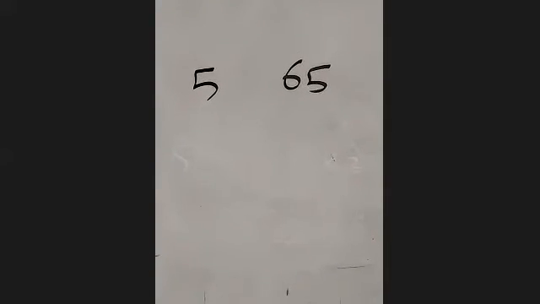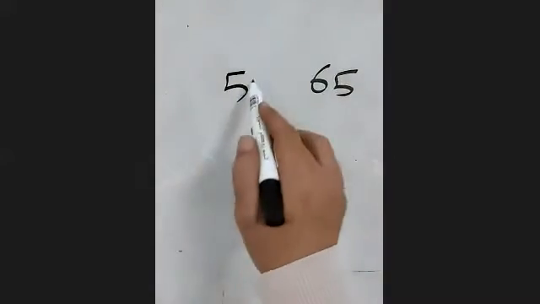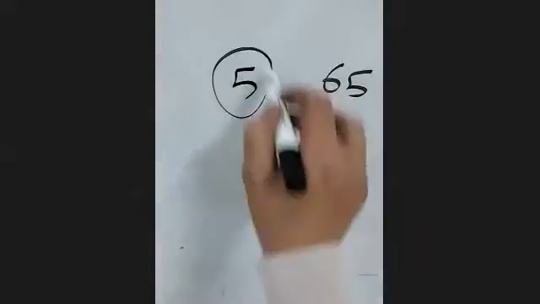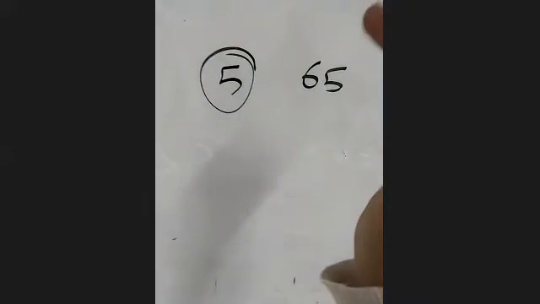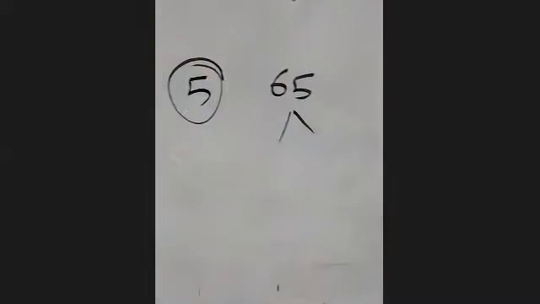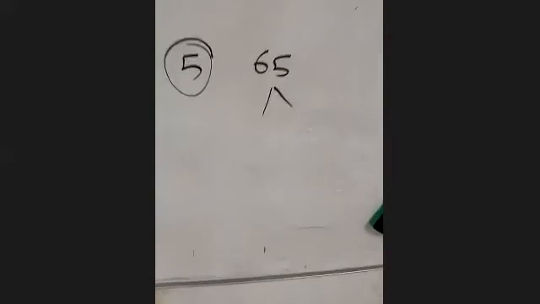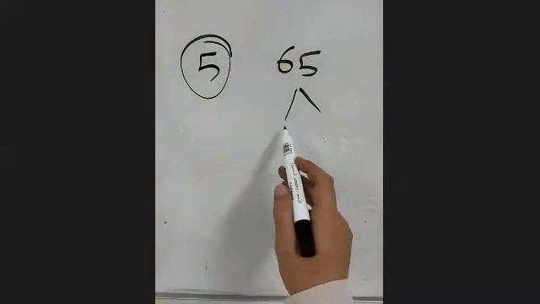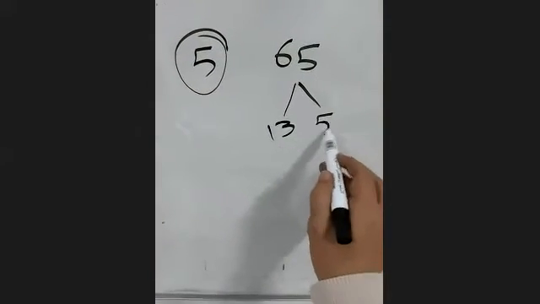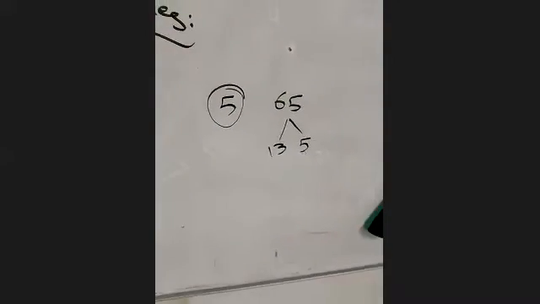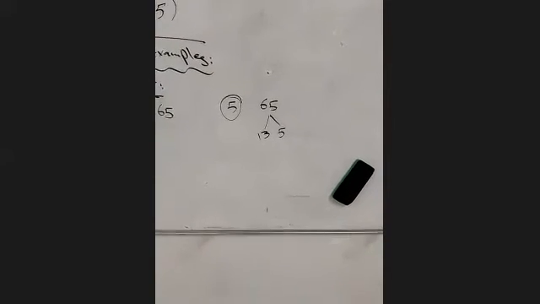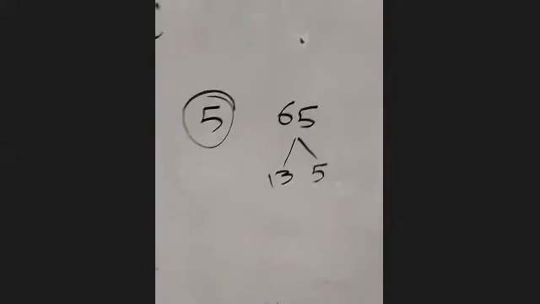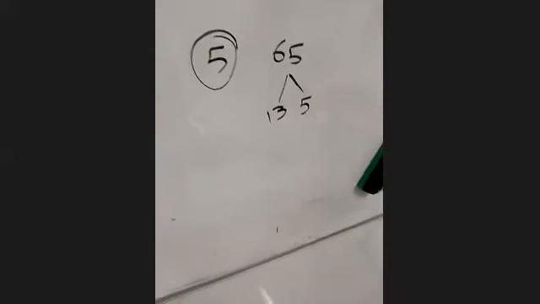Because 5 is circled already. The 65 is 13 and 5.